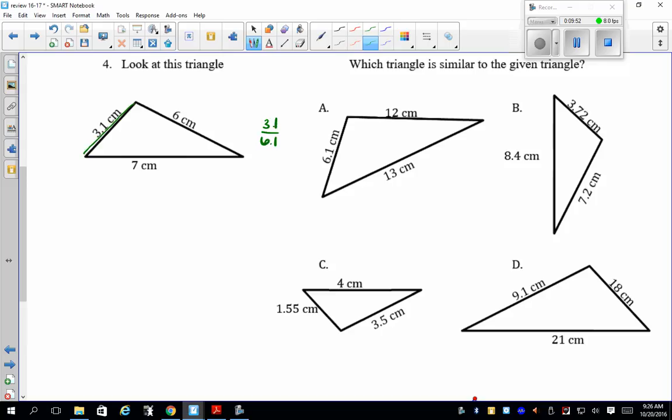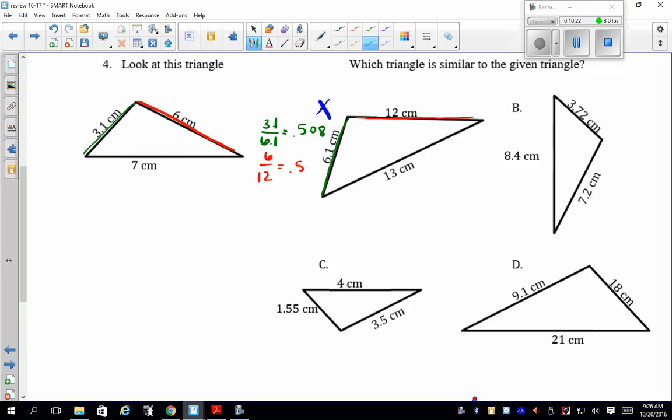So I'm taking 3.1 divided by 6.1, and that gives me 0.508. And if I try the next side, 6 and 12, this is exactly 1/2 or 0.5, and that's not the same as 0.508. So A is not going to work for me.